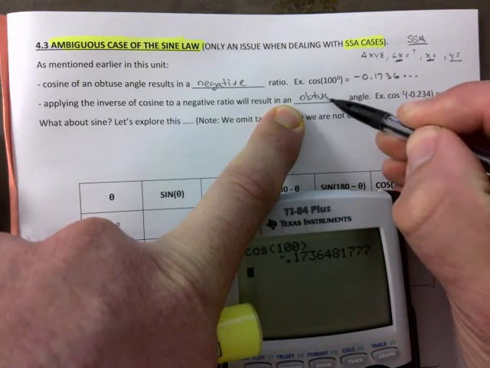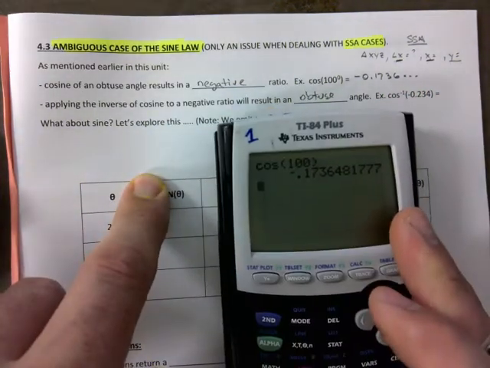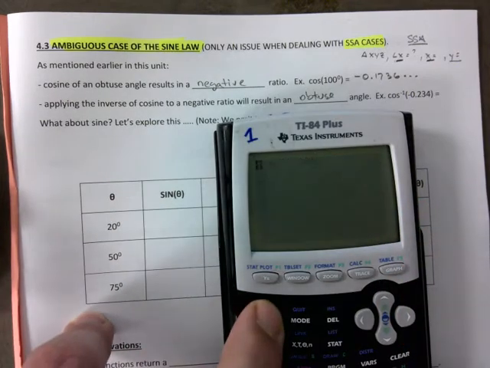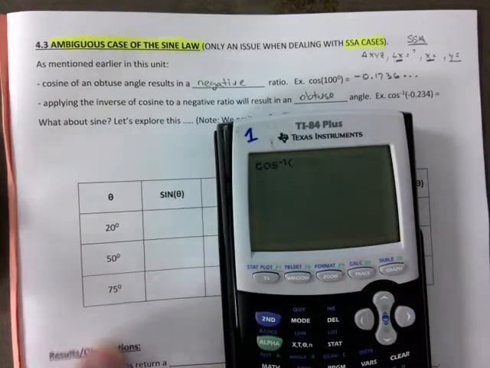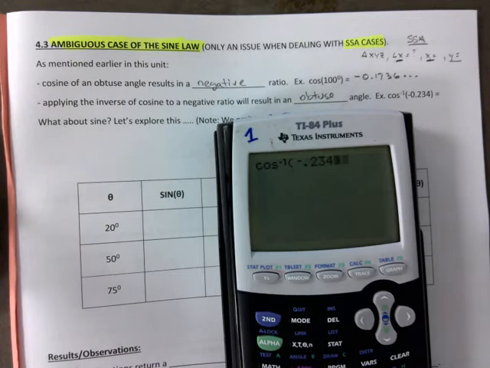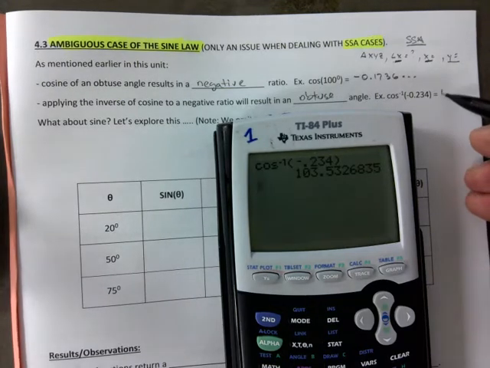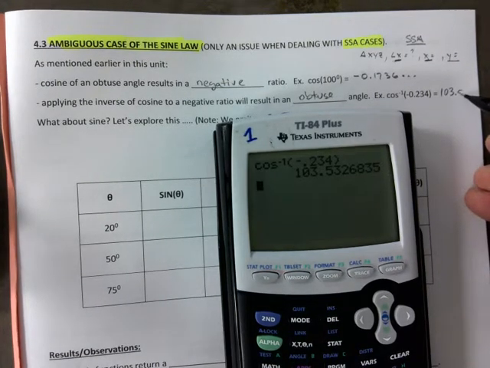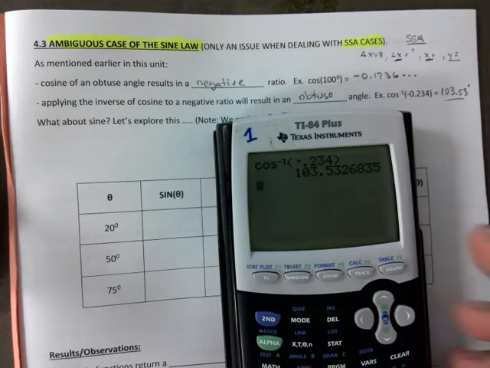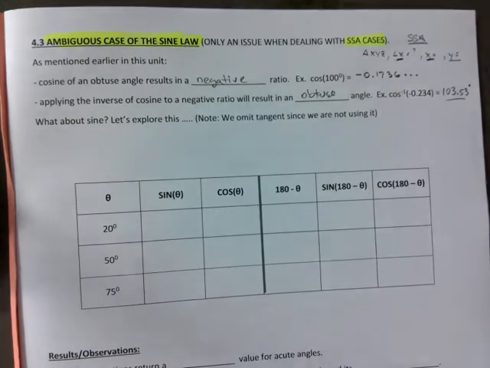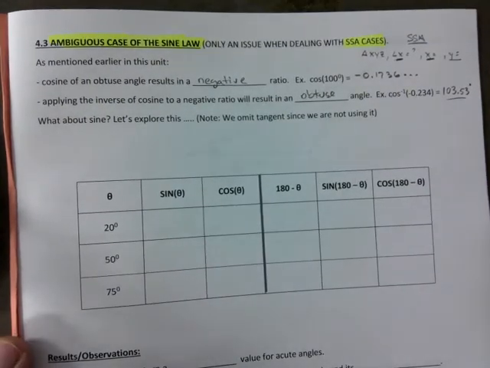Applying the inverse of cosine of a negative ratio will result in an obtuse angle. So this is technically just review, right? If I were to take the inverse of cosine of a negative value, without hitting enter, you know it's going to be greater than 90. I hope at least at this point you know that. If not, this is a reminder, right? So obtuse, greater than 90. What about sine? Let's explore this.